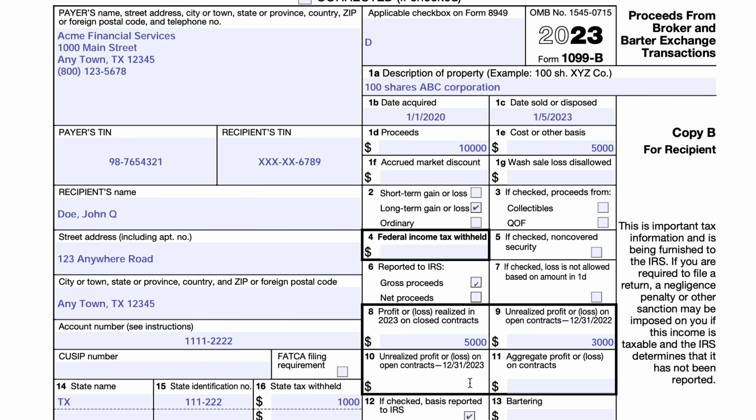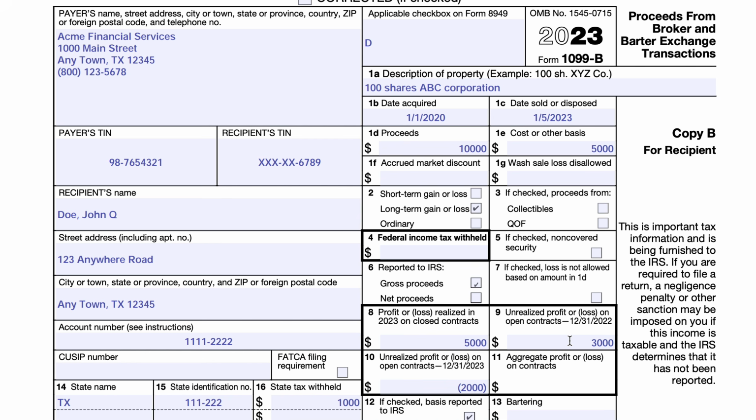Now in box 10, that shows the unrealized profit on open contracts held at the end of the current tax year. So this amount will be an adjustment that's reported in next year's 1099-B. And let's just say that was minus $2,000.